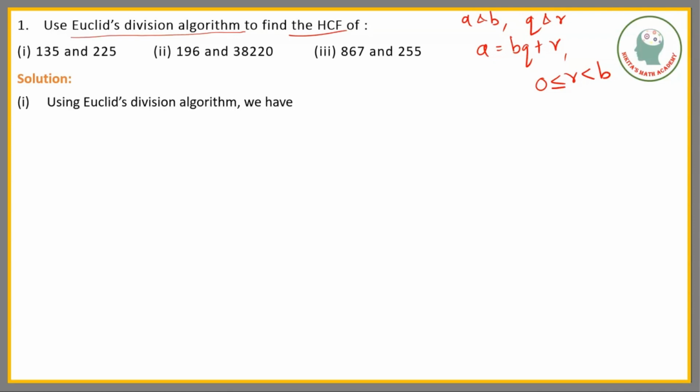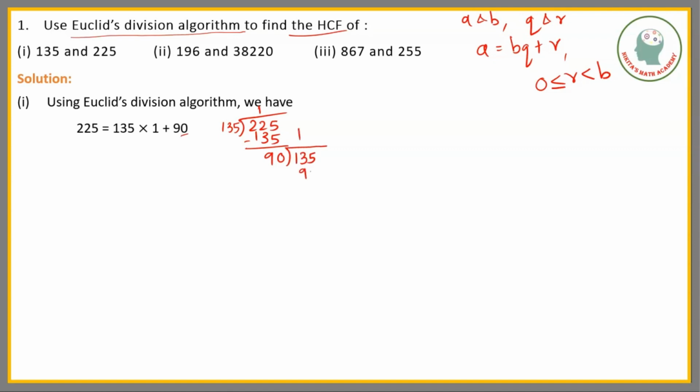So let's start. First, we'll divide 225 by 135. So we'll get 135 ones are 135. Remainder will be 90. How will we write this in Euclid's algorithm? 225 equals 135 into 1 plus 90. Now again, the remainder is not 0, so we need to follow the same step. This time our dividend will become 135.